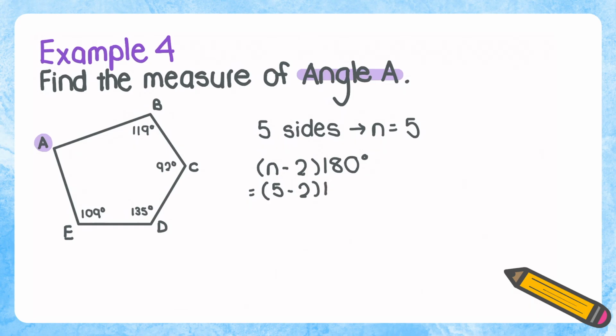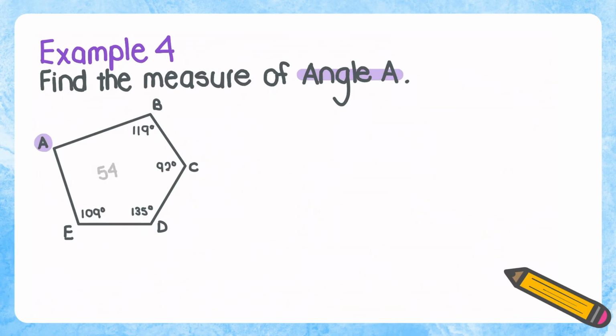I replace n with 5. And what's 5 minus 2? 3. So I have 3 times 180 degrees, which is equal to 540 degrees. In a pentagon, the interior angles will add up to 540 degrees. So we can use this to find the measure of angle A. I know that the sum of the interior angles will be 540 degrees.